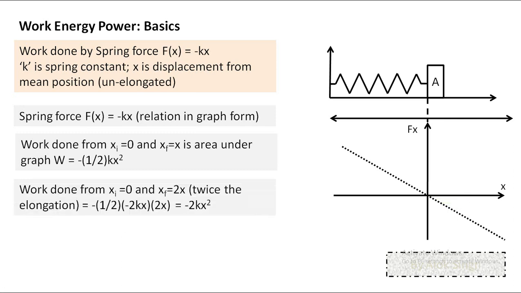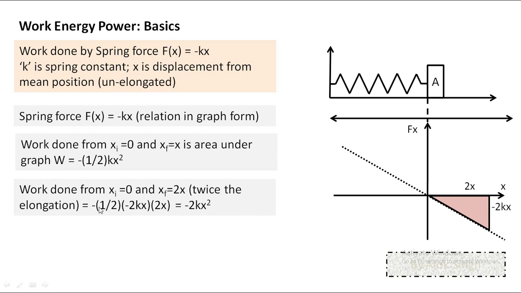What happens if the displacement is twice as much? It is from 0 to 2x, again elongation. So here this will be the shape from 0 to 2x. The force also will become equal to minus 2kx. So what will be the work done?